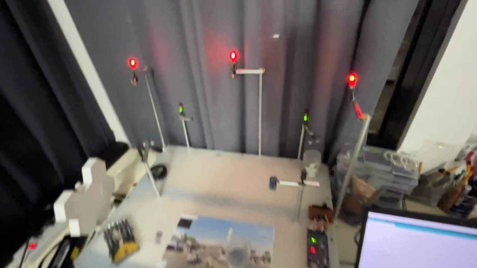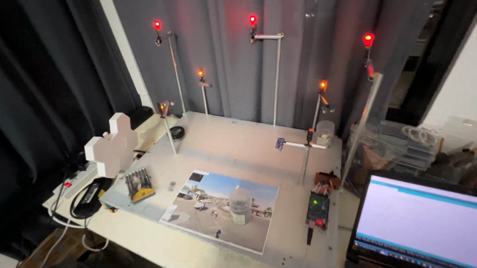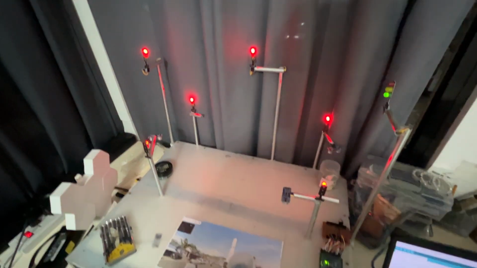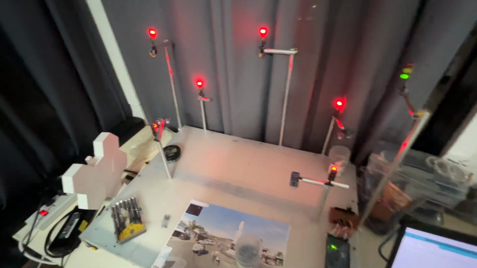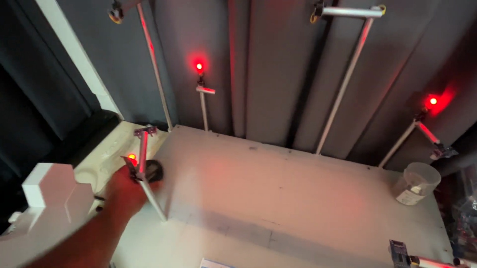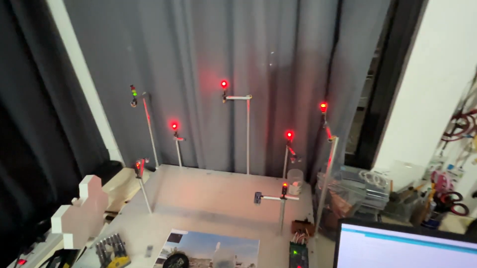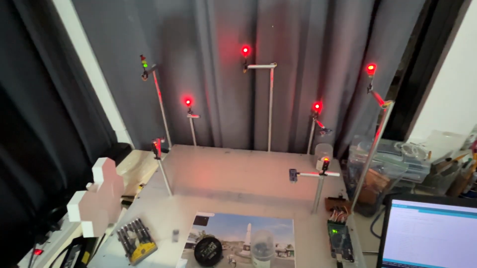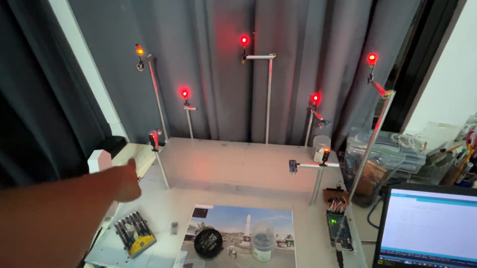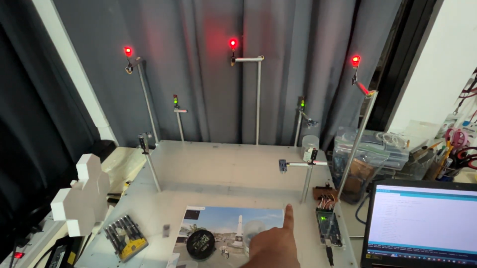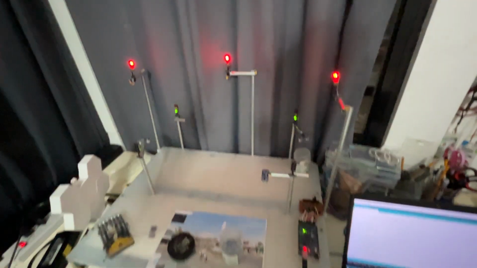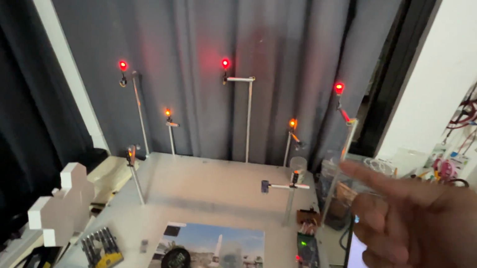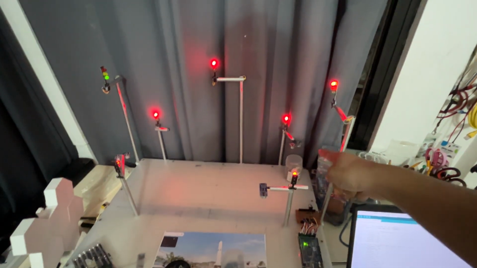Now, if we remove one more, and the remaining will be one sensor, let's try to remove this one. There are no vehicles detected here, and no vehicle detected here. After that, it will proceed with the pedestrian lane, and the detection is here.